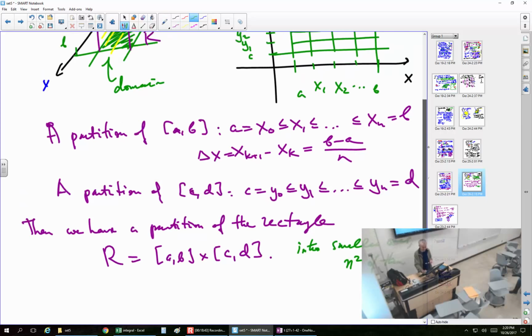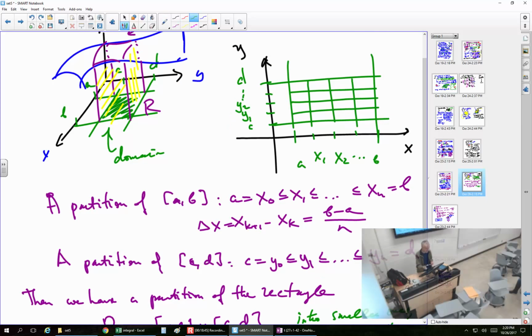Every rectangle on the x-axis, say here, can be combined with another one on the y-axis, maybe this one, and together they give me this rectangle. So that's a partition.